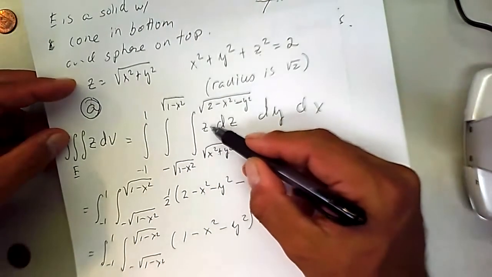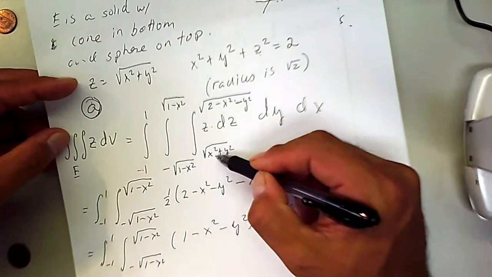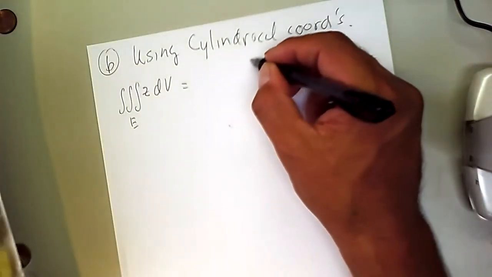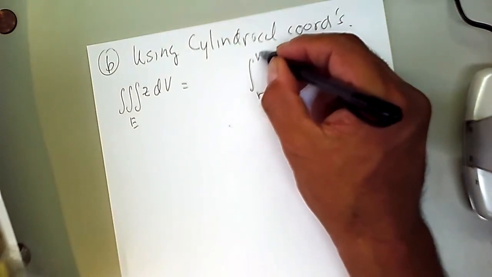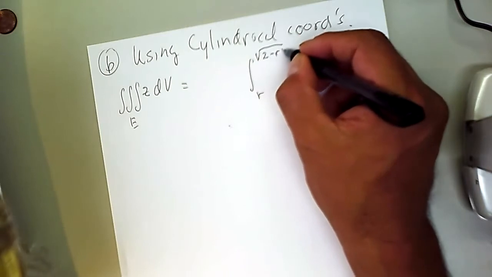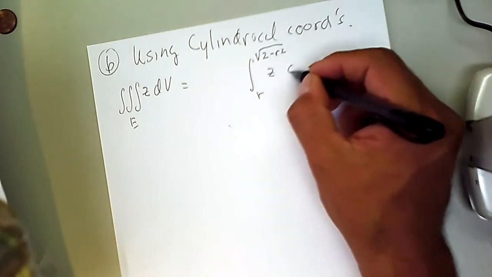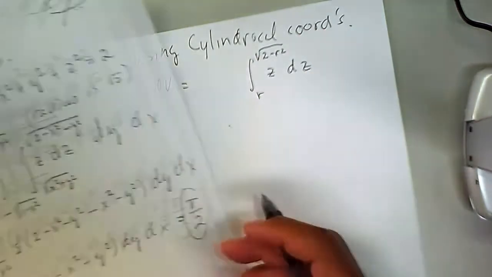Okay, so z is going to go from r to the square root of 2 minus r squared, z dz. Yep.